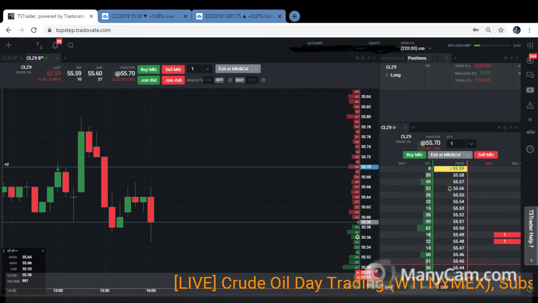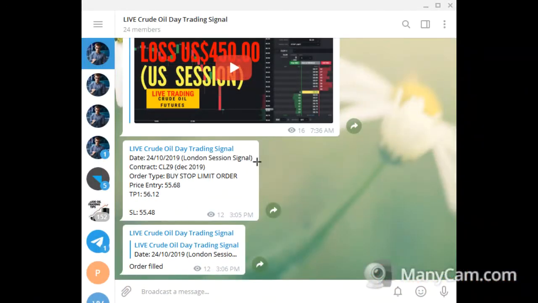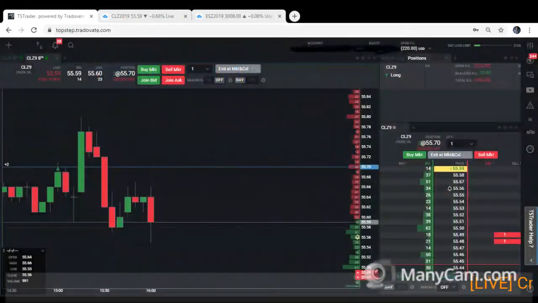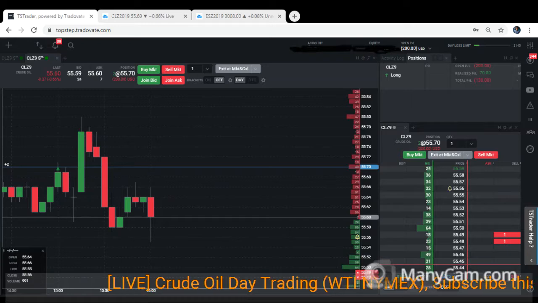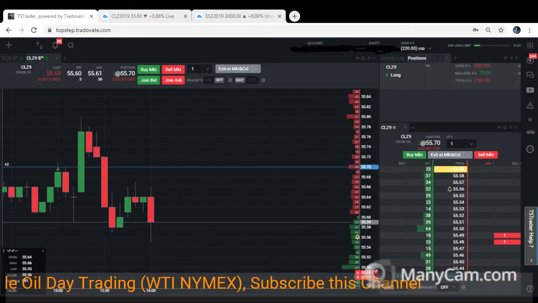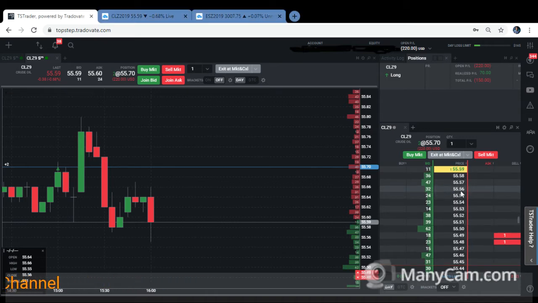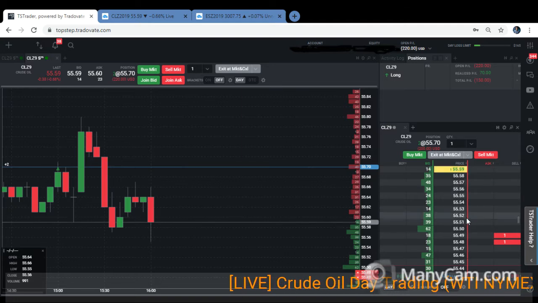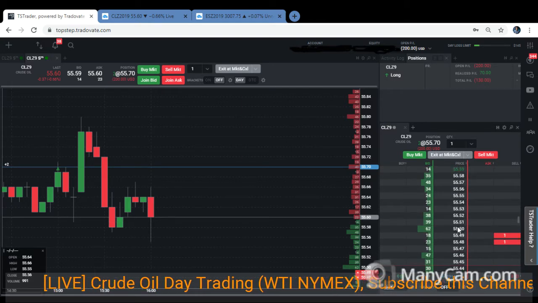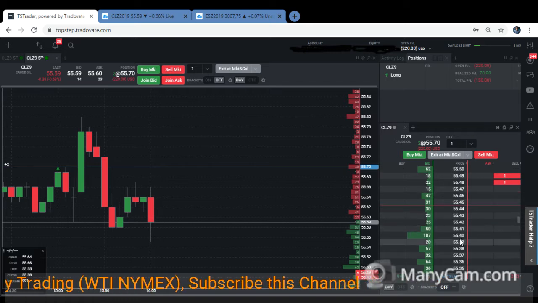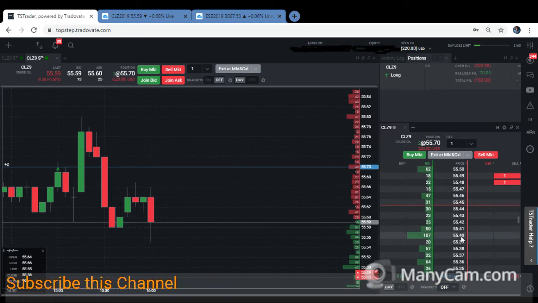Based on my signal, I name it a London session signal, where most of the volume will come a bit late, maybe around 10 or 11 London local time, and that's when the major price movement will kick in. But the signal from my setup comes far earlier, so we go into the market a bit earlier today.